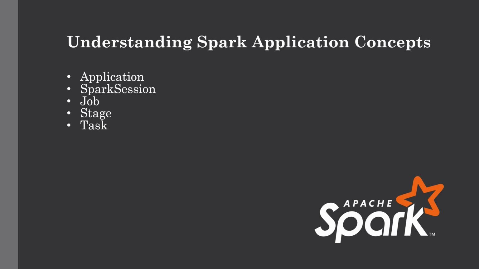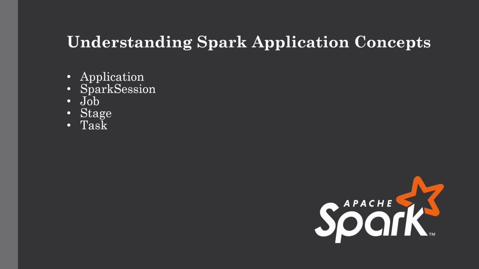By the name you will get an idea that an application is nothing but a user program which is built on Spark using its APIs. There are different APIs which we have discussed in the previous lectures, and it consists of a driver program and the executors on the cluster. Then here comes the Spark session, which is the point of entry of every Spark application, and it allows programming Spark with its different APIs.